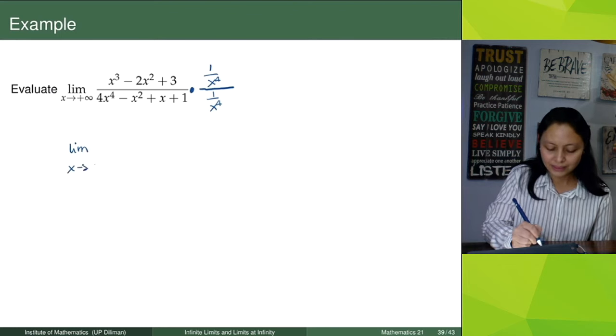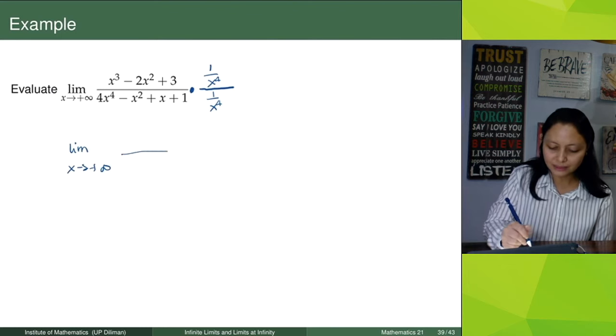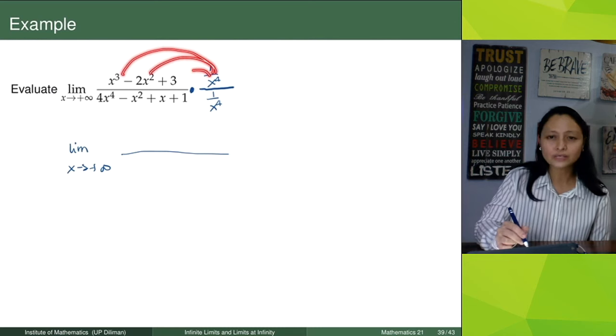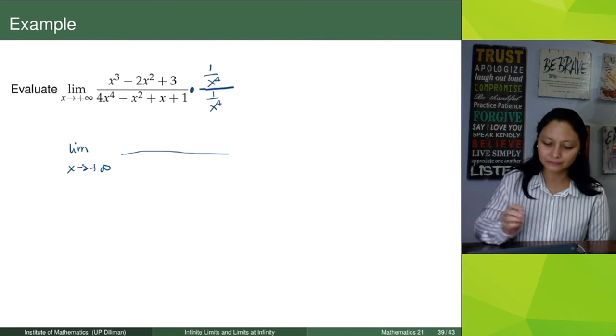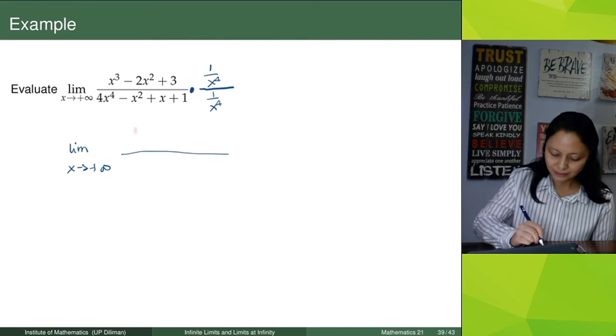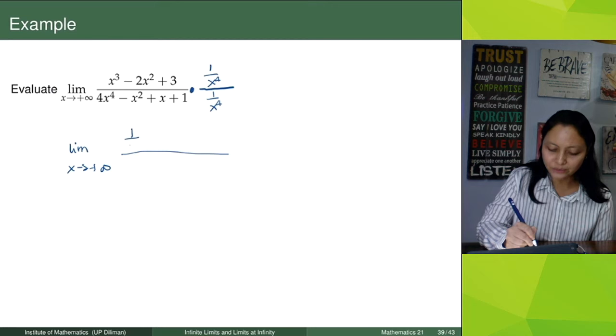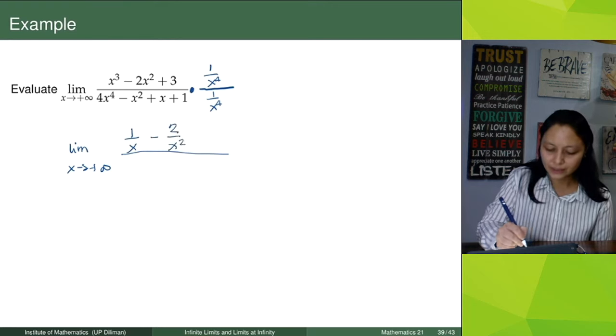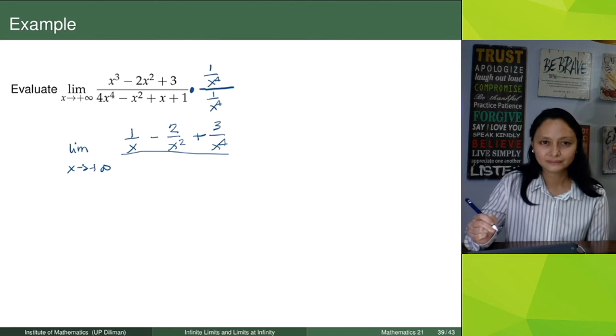Get the limit as x approaches positive infinity. Okay, distribute 1 over x to the fourth to each of the terms in the numerator. So, you get 1 over x minus 2 over x squared plus 3 over x to the fourth. Sige, pa-double check ha. Agree?